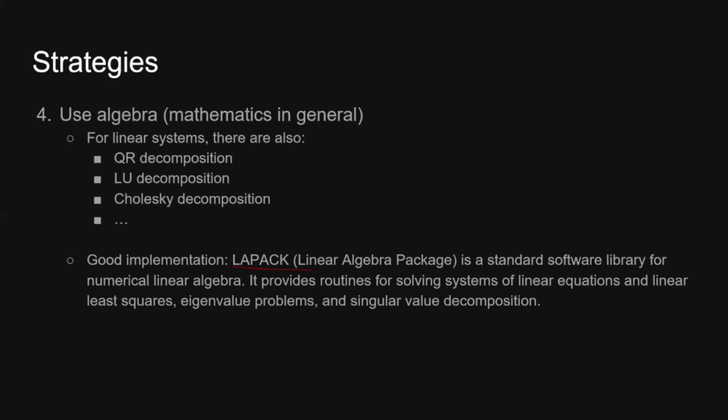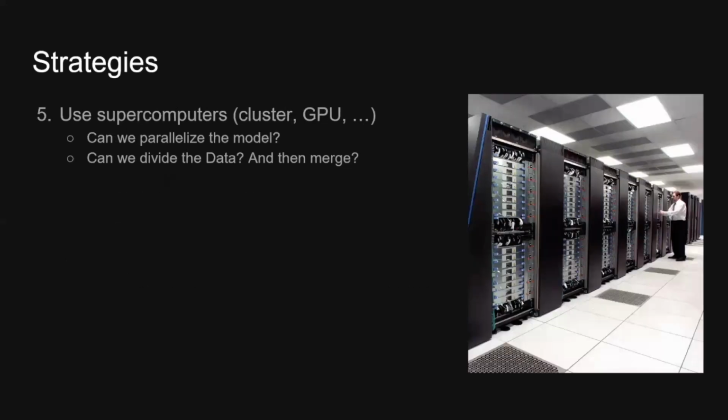And there are many numerical libraries that may facilitate these linear algebra computations. Spark also has its own linear algebra library. We'll have a chance to take a look at it. But the Spark linear algebra library is also quite well optimized, and it is well suited for distributed computing. In fact, distributed computing is our next strategy.